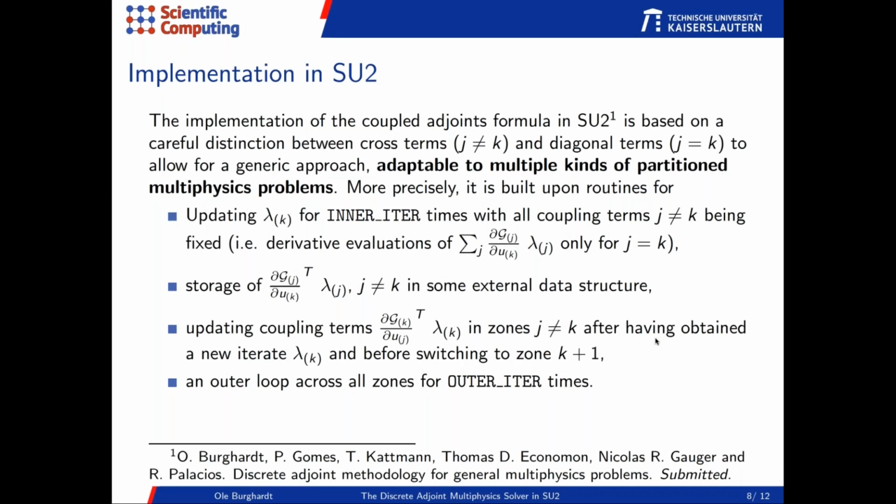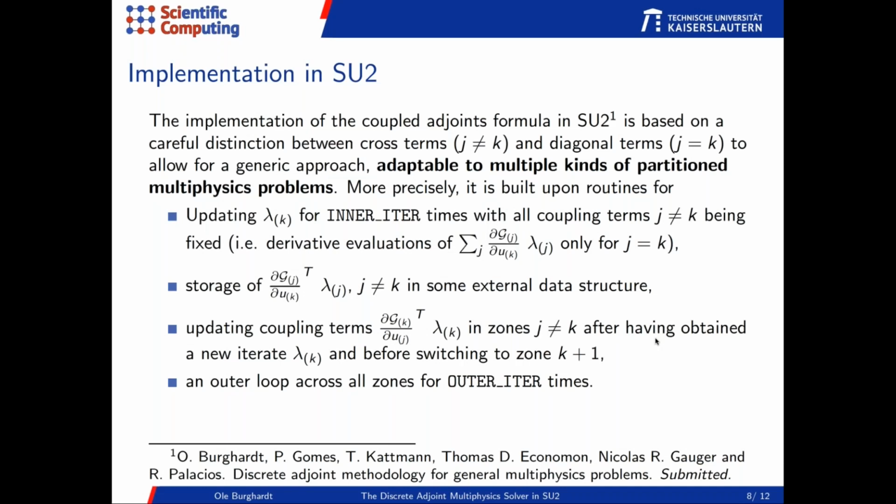And more precisely, it is built upon routines for updating the adjoint solution in a zone K for inner eta times, with all coupling terms being fixed. That would require that we somehow store these coupling terms, because keeping them fixed does not mean that we exclude them.